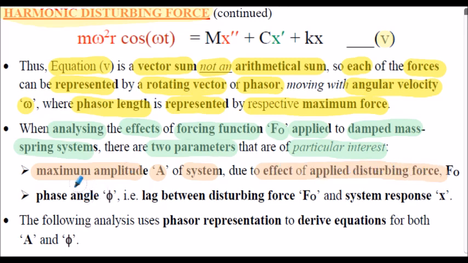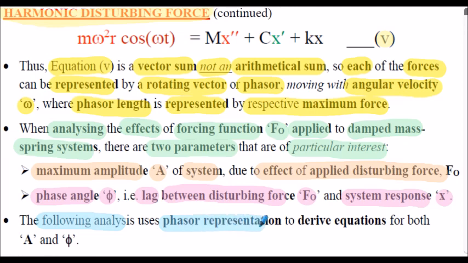And the second is the phase angle, phi, which is the lag between the disturbing force, F0, and the system response, x. So the following analysis will use phasor representation to derive equations for both the amplitude A and the phase angle, phi.